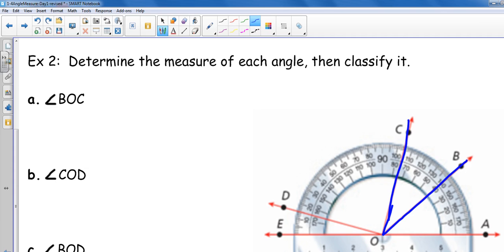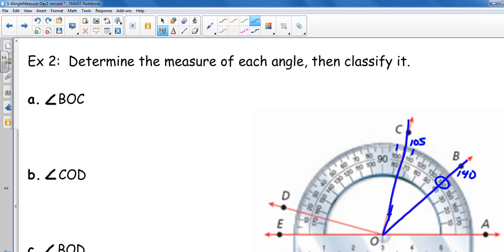Look at the numbers that we're at here. If you look at the numbers that we're at, it doesn't matter if you go on the outside or the inside as long as you pick the same numbers, either way you're going. So it looks like we're at 140 degrees on the outside. And it looks like we're at 105 on the outside right here, right between 100 and 110. And this one we said was 140.